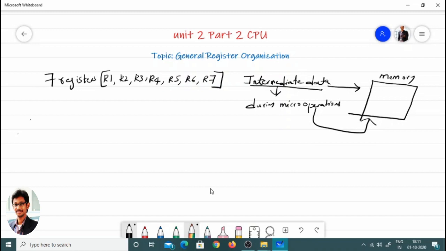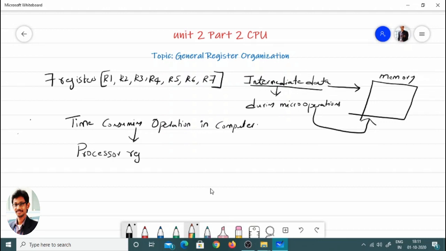Then it results in time consuming operations in the computer. To avoid this time consuming operation in the computer, we use processor registers to store intermediate data.